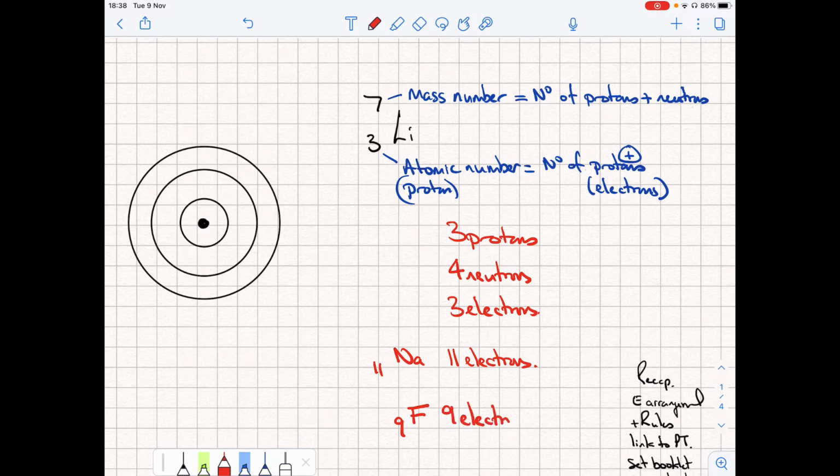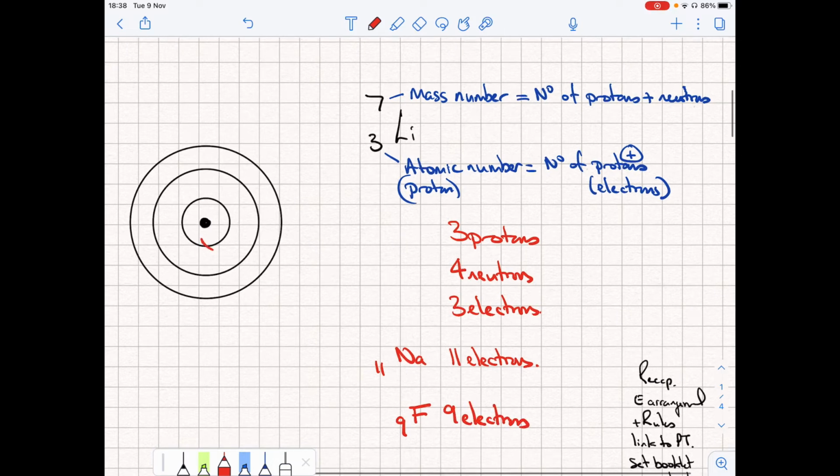So if I'm going to do 9 electrons, I do 2 in the first, and then let's count them up. So there's 2, 3, 4, 5, 6, 7, 8, 9. So it's 2 in the first, and then there are 7 in the second. So the arrangement is 2, 7, and that is for fluorine.